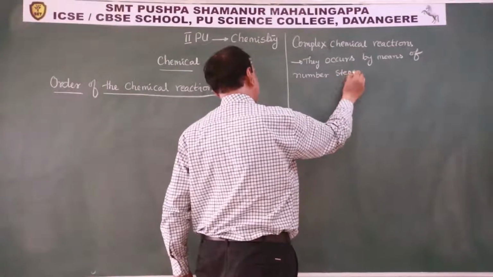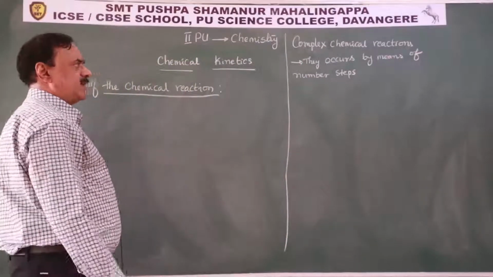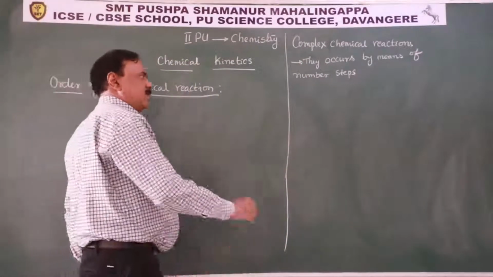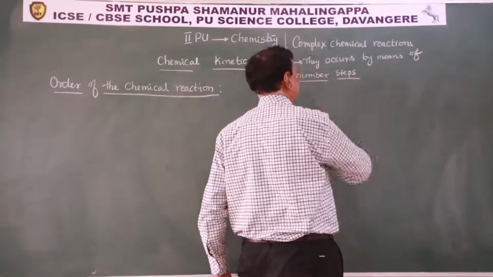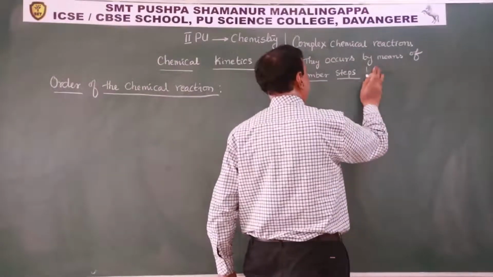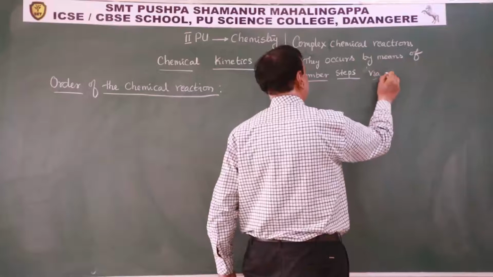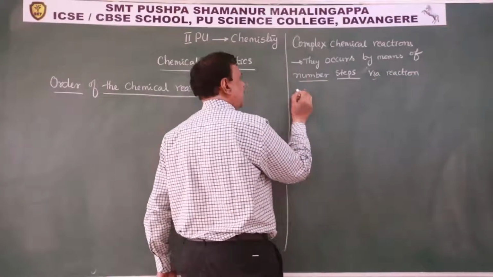Not a single step chemical reaction, it is a multiple step chemical reaction. Several steps are there. Number of steps means several steps, by means of a reaction mechanism, via a reaction mechanism.